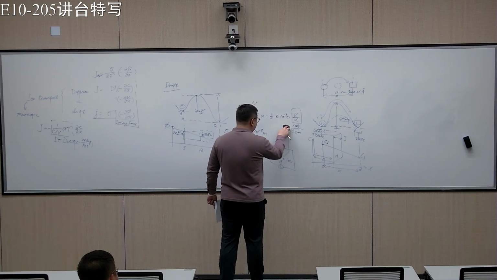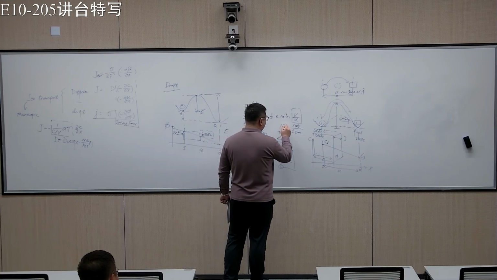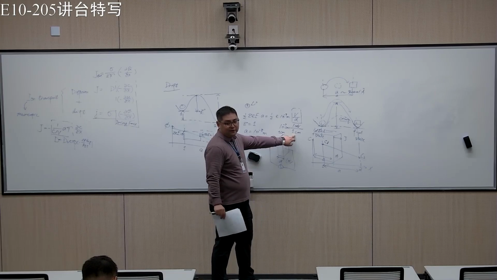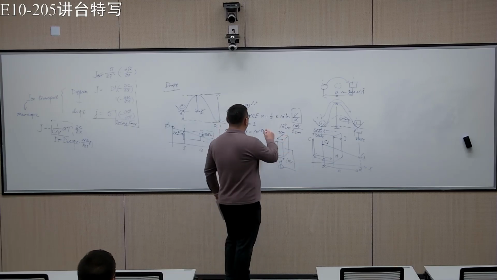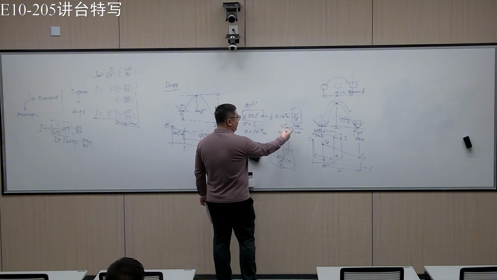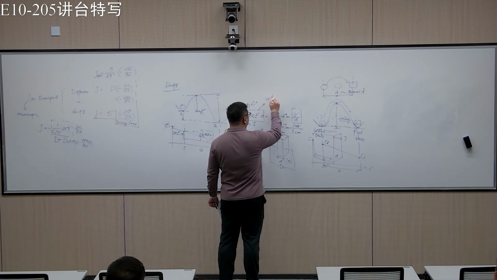Let's say 1 nanometer is basically 10 to the minus 7 centimeter. So then, over the thickness of 1 centimeter, this thing is 10 to the minus 7, and the energy is roughly 10 to the minus 6 eV.